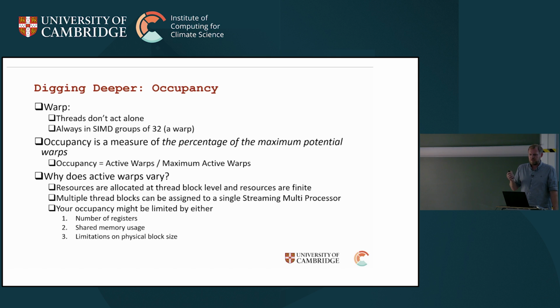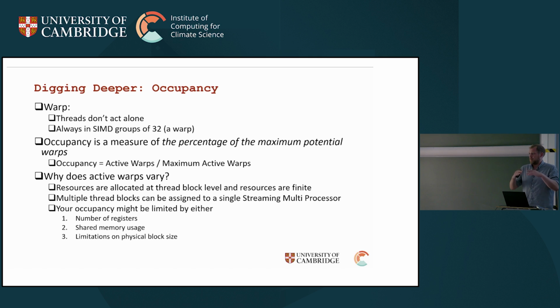The maximum number of active warps is fixed per streaming multiprocessor. There's so many that it can support. But the number of active warps can vary because of resource restrictions. When we write our GPU kernel and specify our block size, there are a number of things that can limit the number of blocks that you can fit per streaming multiprocessor.